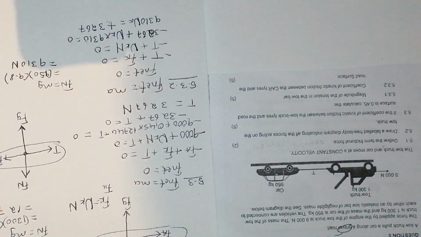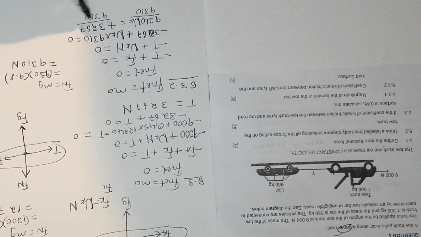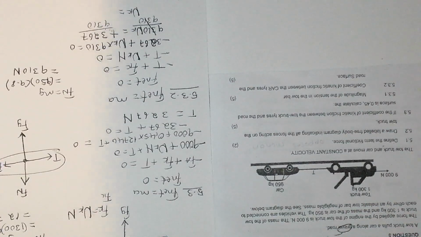Then we must divide both sides by 9310, and these ones will cancel out. Then we're going to have mu k equals 3267 divided by 9310, which is 0.04.